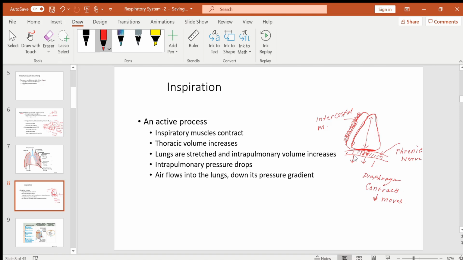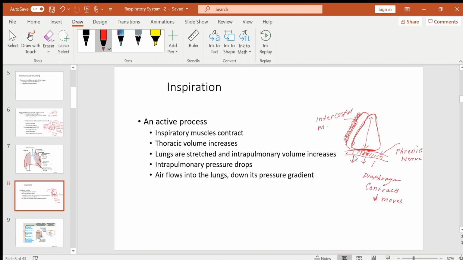That is one. And at the same time, external intercostal muscles will contract. So when the intercostal muscles contract, then what will happen? The ribs will move forward.